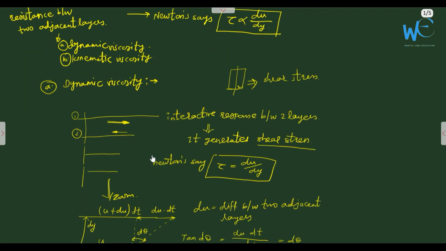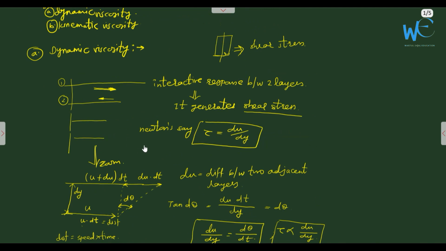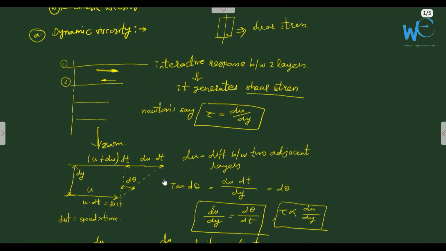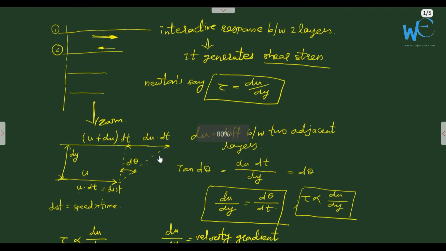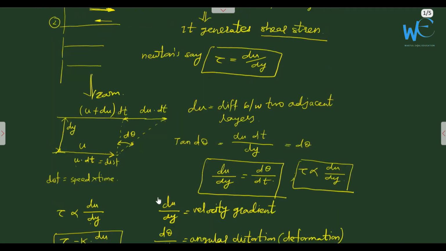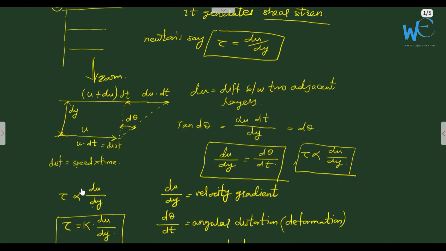If I zoom into these layers, you know one basic formula: distance equals speed into time. Yes, distance is equal to speed into time. Have you remembered this, distance equal to speed into time?